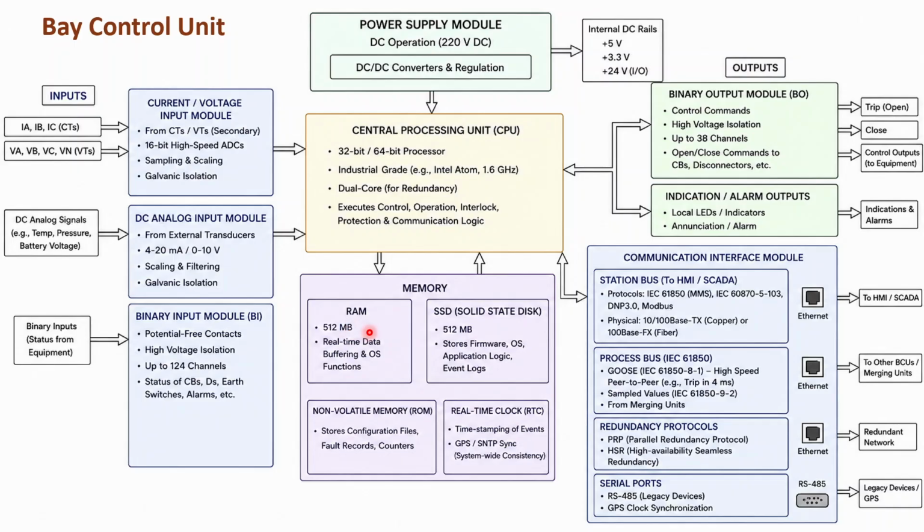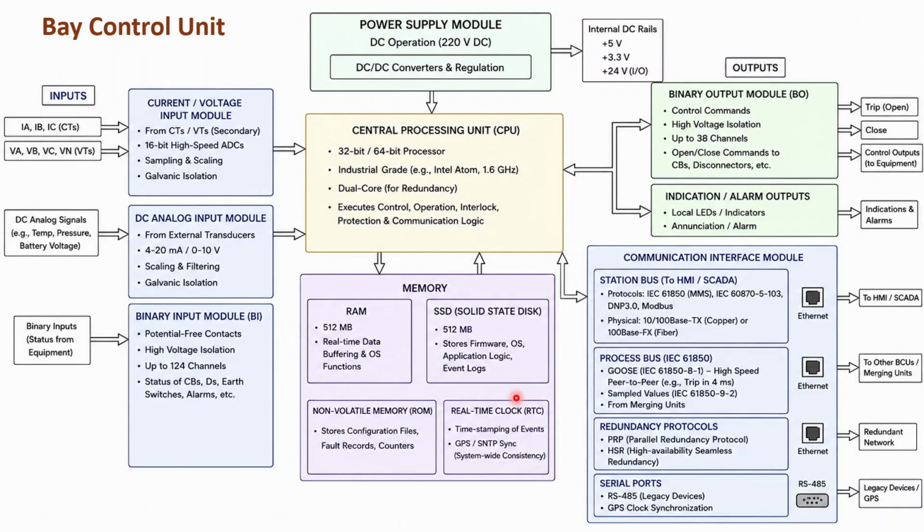The RAM is basically used for real-time data buffering and the OS functions, and the SSD is used to store the firmware, the operating system, the application logic, event logs, and so on. Other than that, the bay controller unit also has non-volatile memory or ROM that stores the configuration files, fault reports, counters and so on, right?